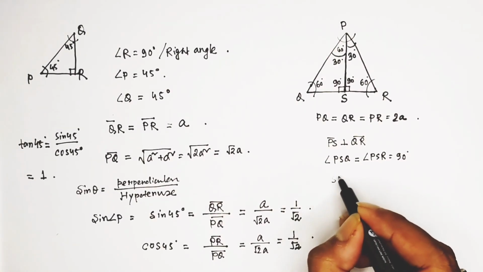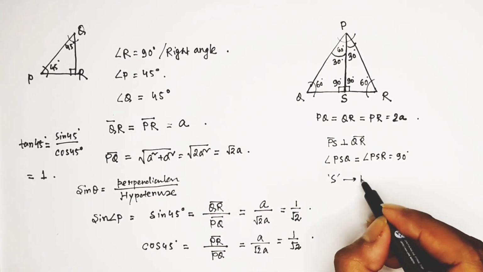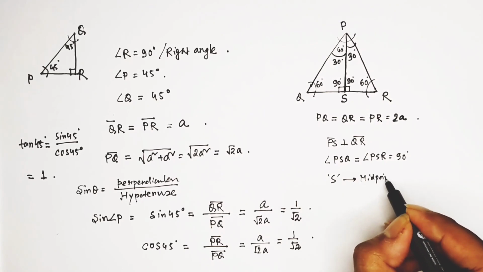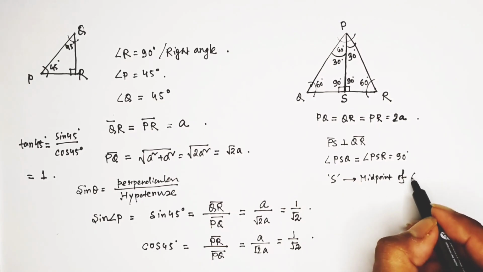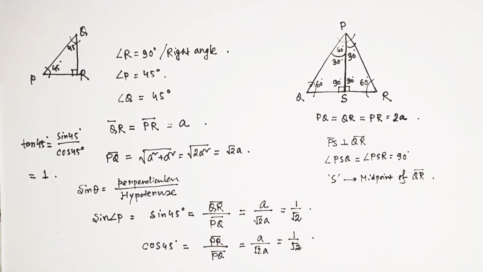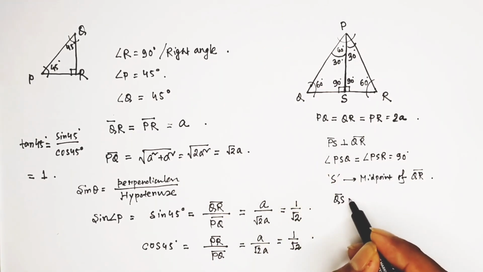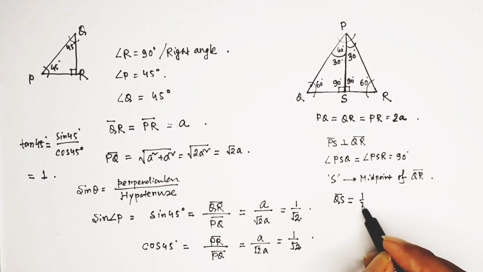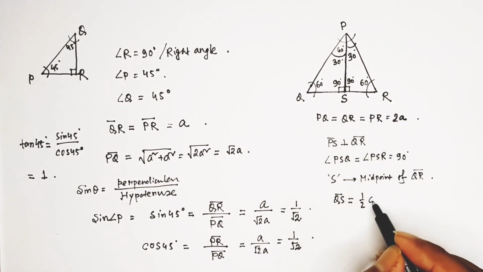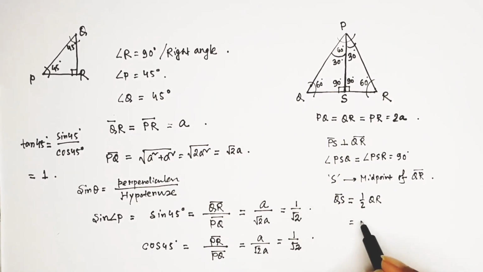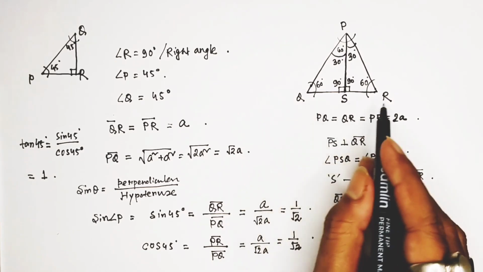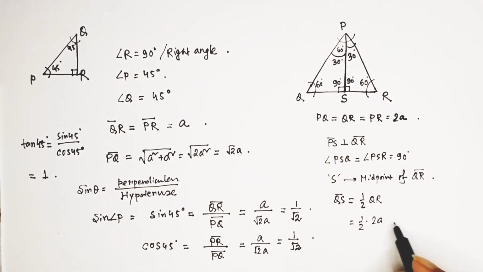So S is the midpoint of side QR. From this we can write QS equals half of QR. So QS equals half of the total side 2A, so QS is equal to A.